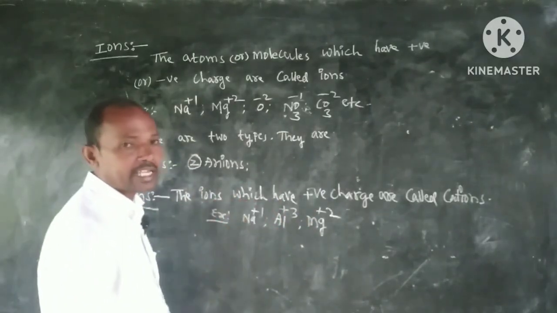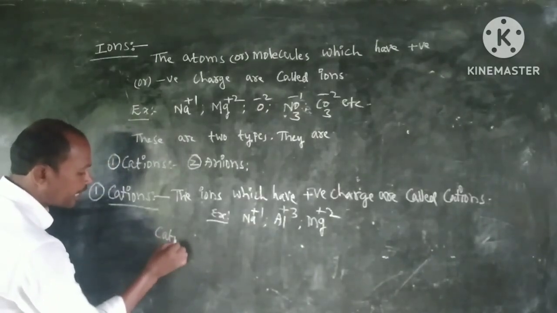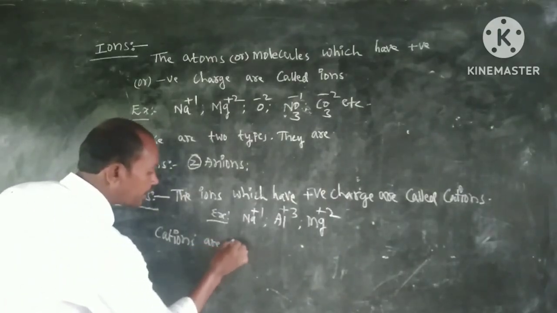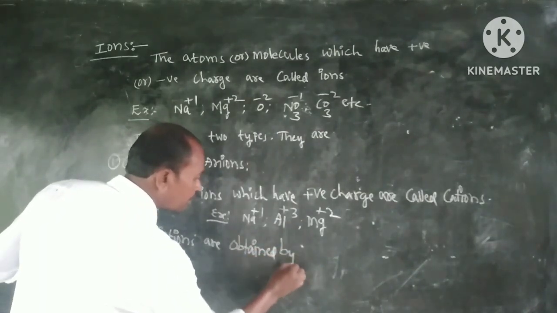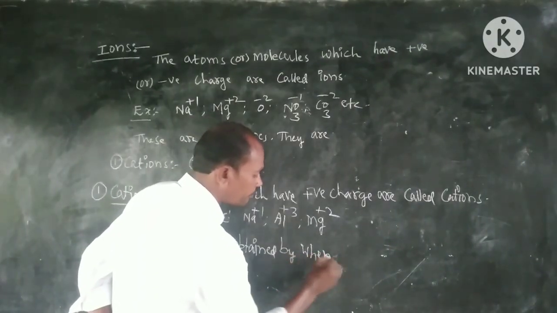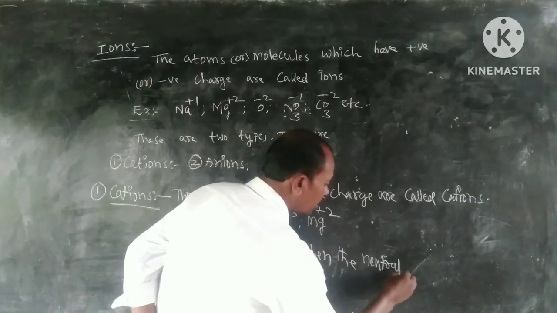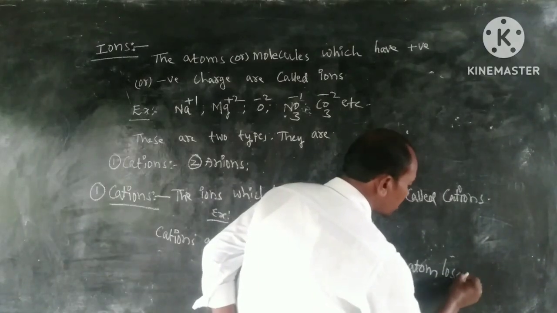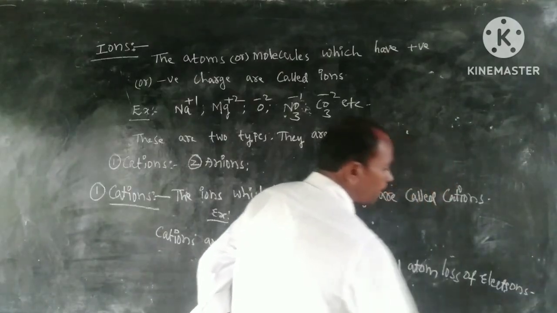Next, how are cations produced? Cations are produced or obtained when the neutral atom loses electrons.